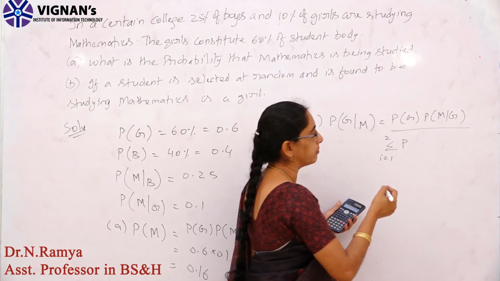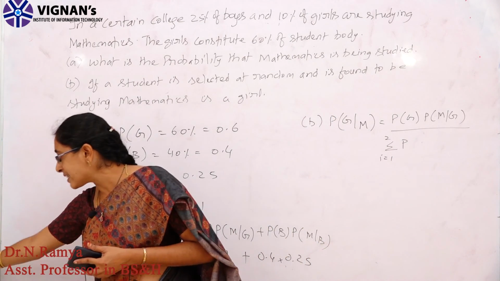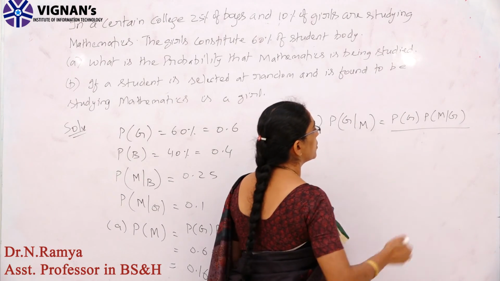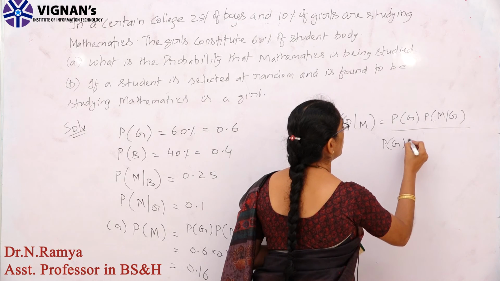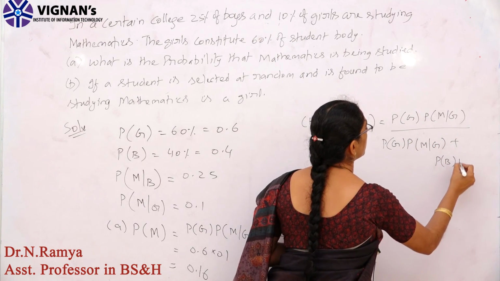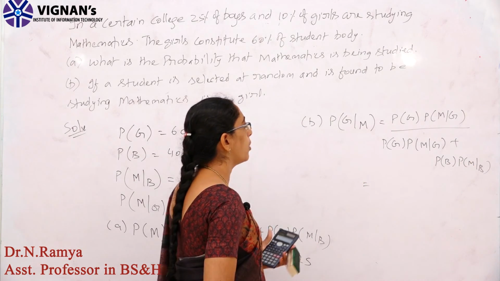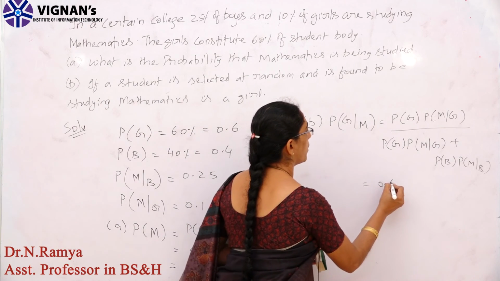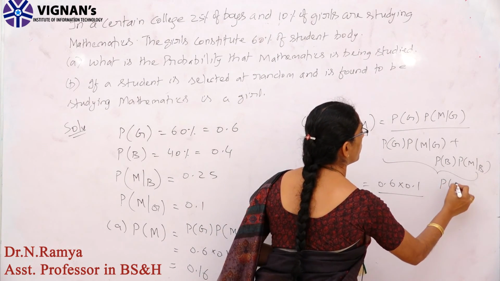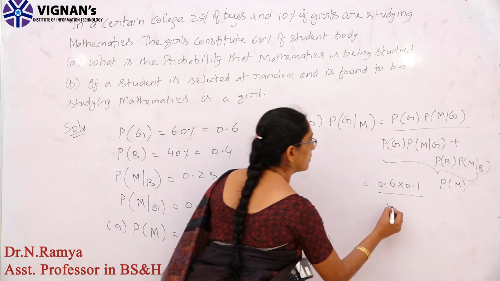In Bayes' theorem, it is actually probability of Ei into probability of A given Ei, but here we have mentioned it in terms of G and M. So, we use probability of G into probability of M given G plus probability of B into probability of M given B. That is, probability of G into probability of M given G is 0.6 into 0.1, divided by the total probability P of M, which is 0.16.